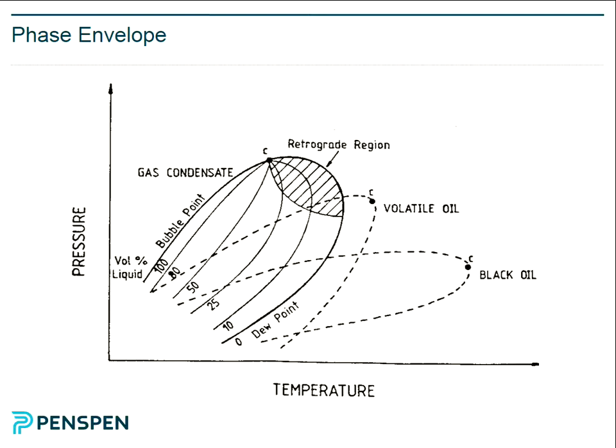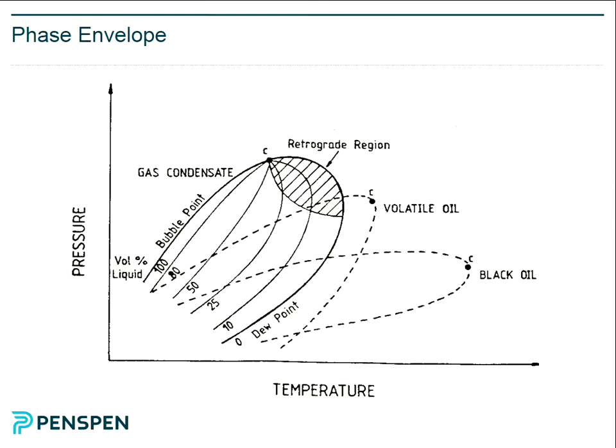If you're here reducing pressure, your oil and liquids are forming. But if you're here reducing pressure, you get droplets of liquid forming. So they call this retrograde condensation. Reduction in pressure gives you liquid coming out. You don't get this effect in volatile oils or black oils. You only get it in gas condensate.